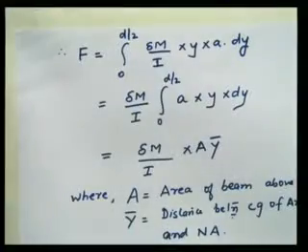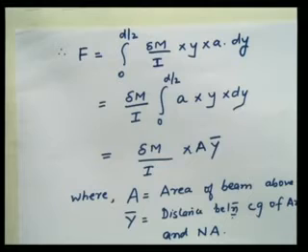So shear force F is equal to the integration from 0 to d by 2 of delta M upon I into y into a into dy. Delta M upon I is a constant, so we have a into y into dy.